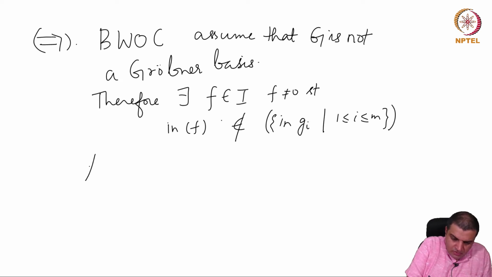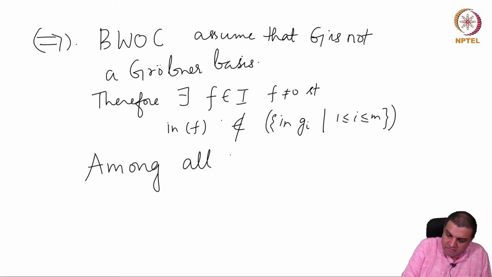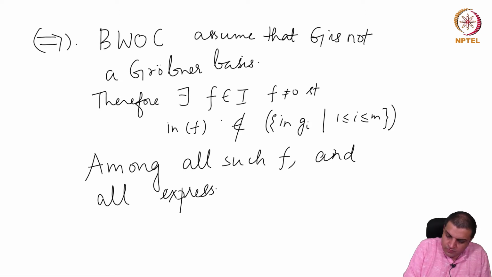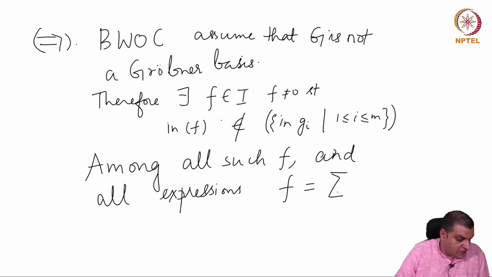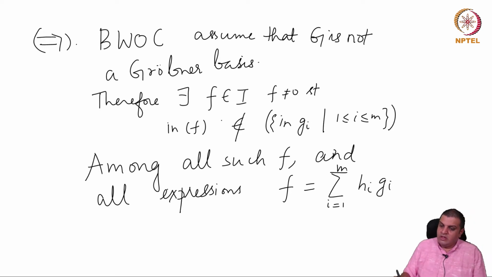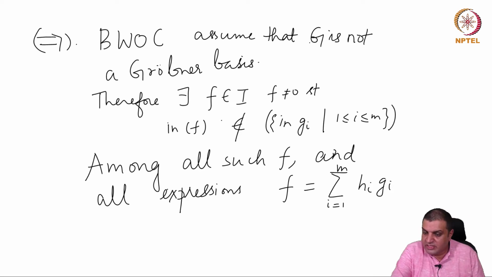This is important: among all such F and all such expressions of F as a linear combination of the Gi, Σ Hi Gi, i from 1 to m. Remember, the set G generates the ideal.